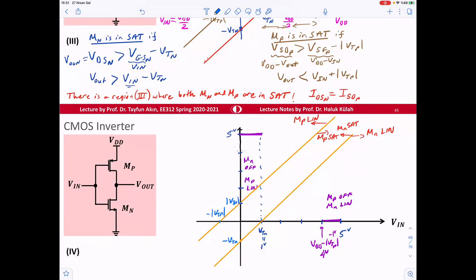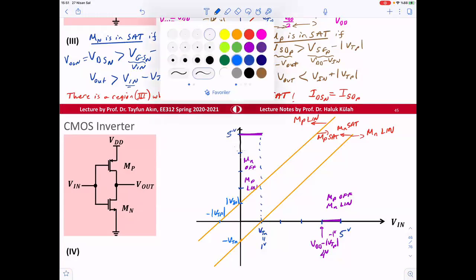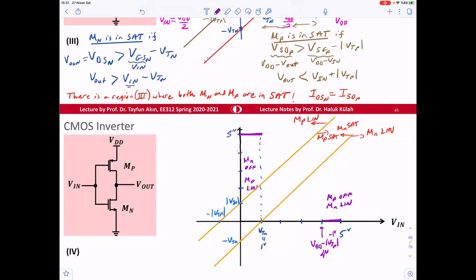For the sat region, both of them are in the sat region, there's only one solution. If you select and do the design properly, it is going to be at 2.5 volts, and this will be a very sharp transition.